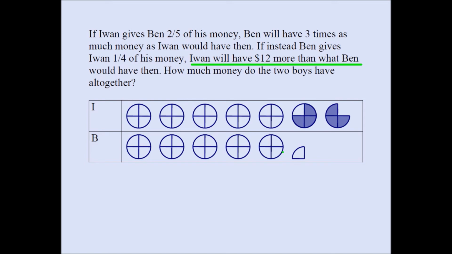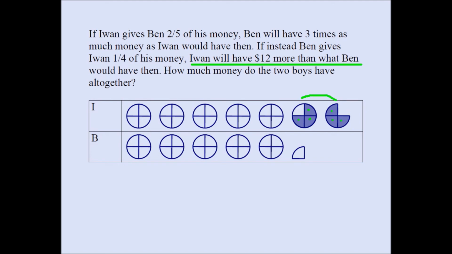Now, remember from the last slide, we decided that Ivan had 27 quarters and Ben had 21 quarters. So Ivan has 6 more quarters than Ben. And I have shaded the additional quarters that Ivan has. 1, 2, 3, 4, 5, 6.